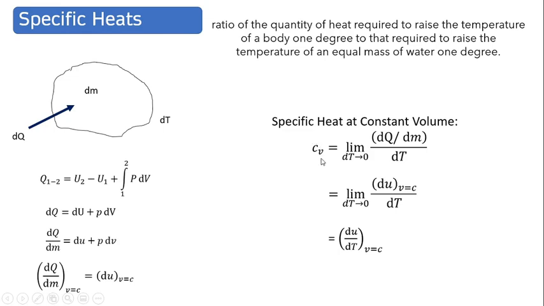So in this case we can say that the specific heat of any substance at constant volume, which is Cv, is defined as the rate of change of specific internal energy with respect to temperature when the volume is held constant.